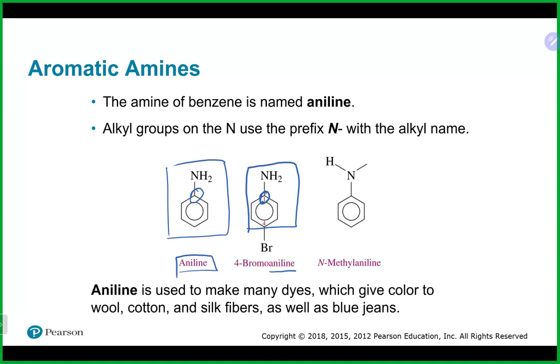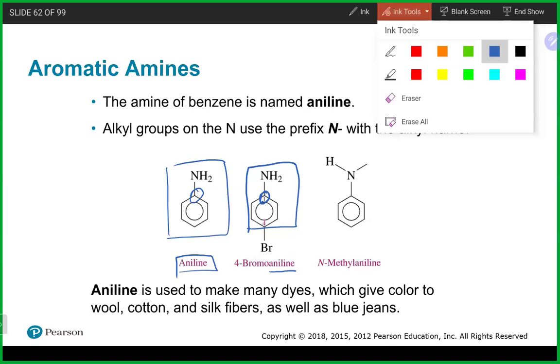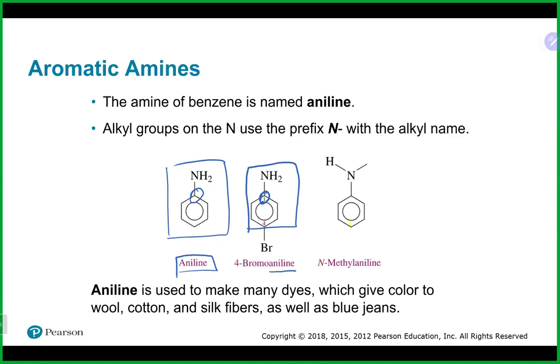Now, this is a little bit different as well, especially when you have secondary or tertiary amines. When we look at this last guy here, this whole thing, once again, is our aniline part of the name.